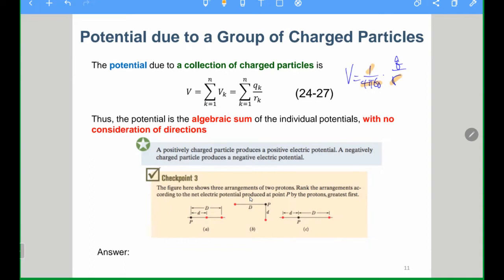So at A, B, C, which is greater? Actually, we would try to determine the net electric potential. Which one is greater?